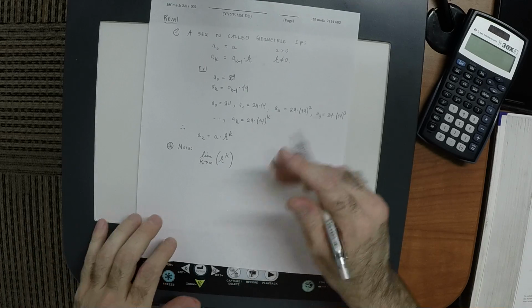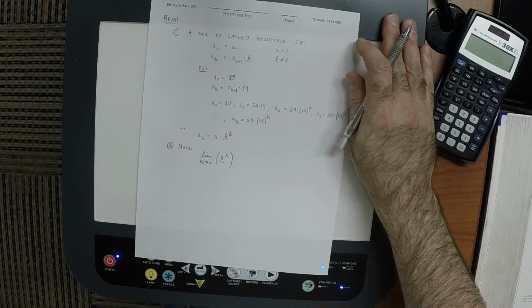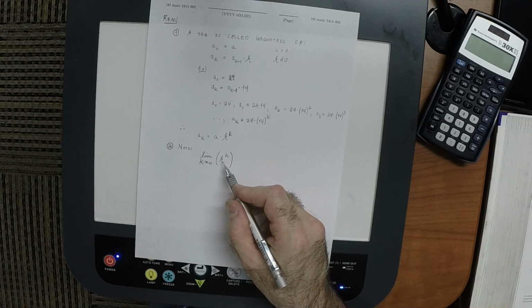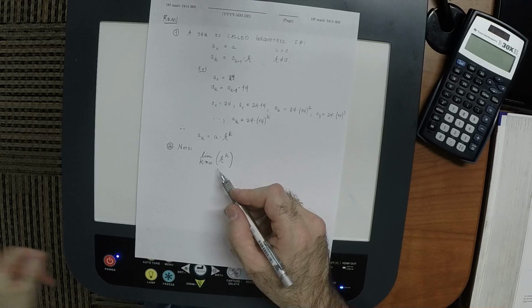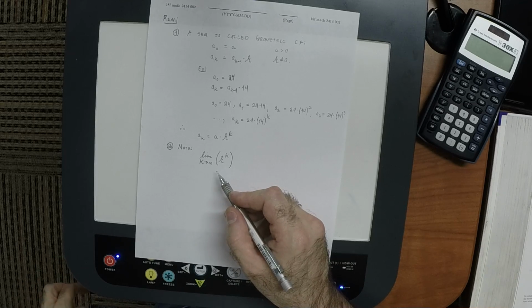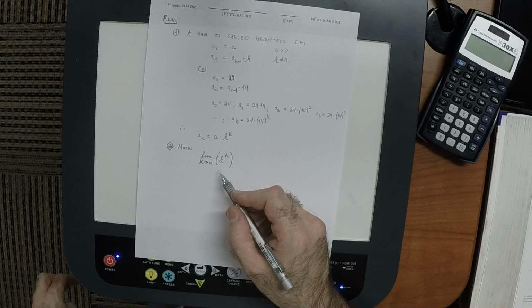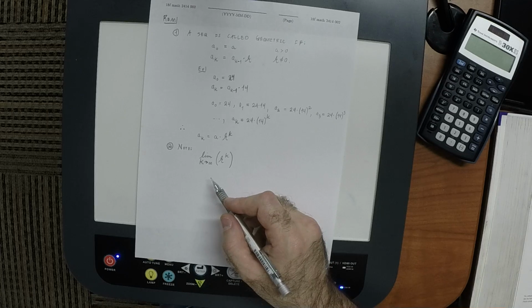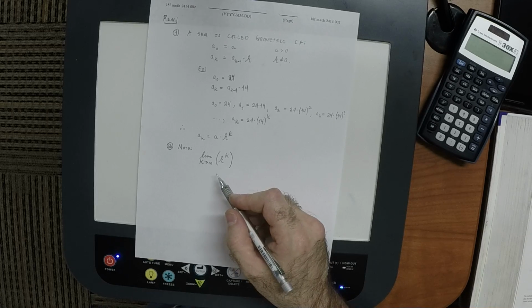Now, what if r is something like half? What will happen to a number if you keep multiplying it by half? Yeah, it's going to get smaller and smaller and smaller. It's going to go to 0, right? What if we multiply it by -half? What's -half to the 0? 1.